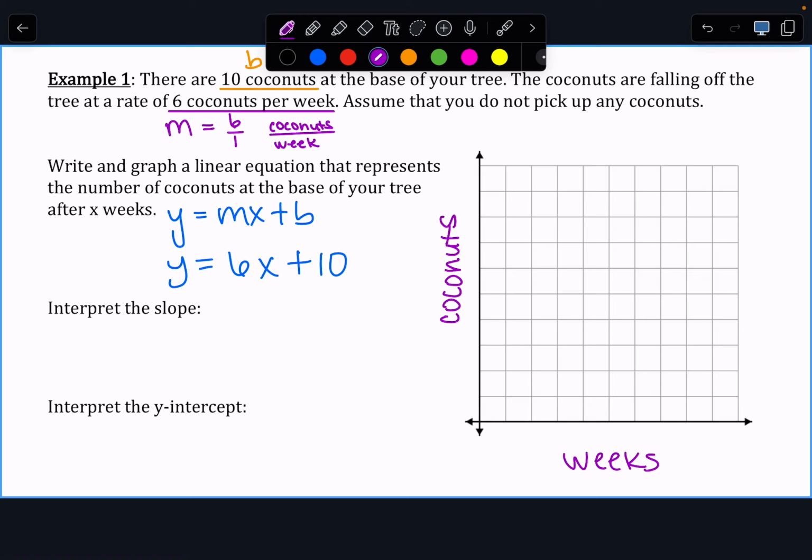Okay, now we are going to graph this, okay? And I am going to try to help you out here. Okay, now on the x-axis, I want you to always count 1, 2, 3, 4, 5, 6. Can you do that?